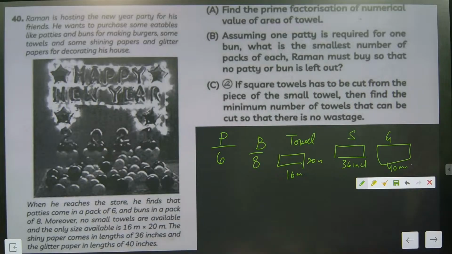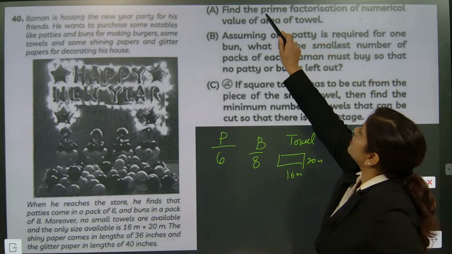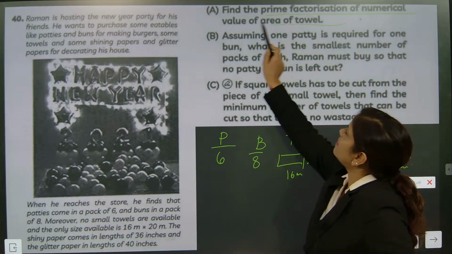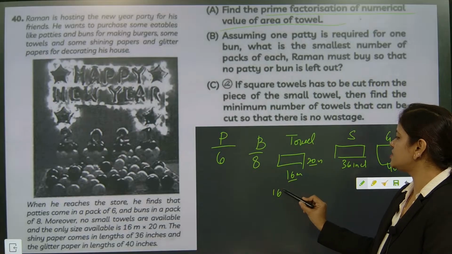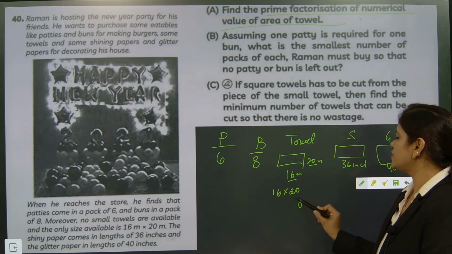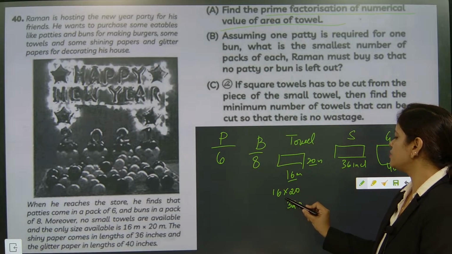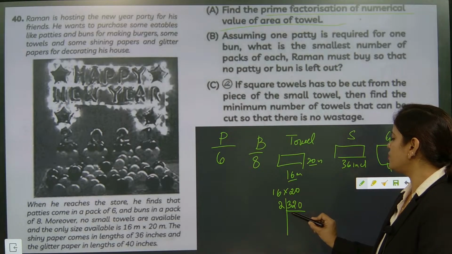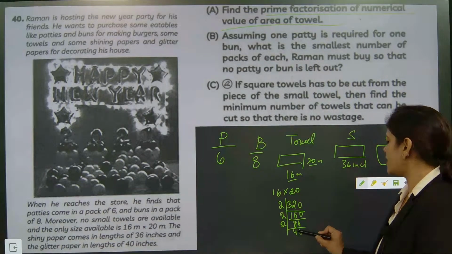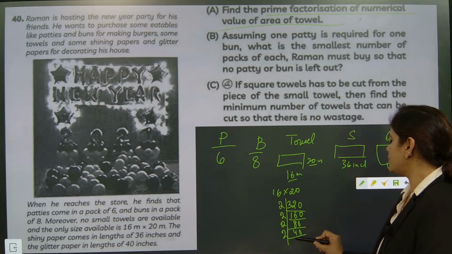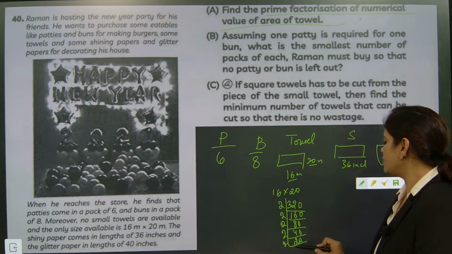Now find the prime factorization of the numeral value of the area of the towel. So what is the numeral value of the area of the towel? 16 into 20, that is 320. Dividing: 320, 160, 80, 40, 20, 10, 5.